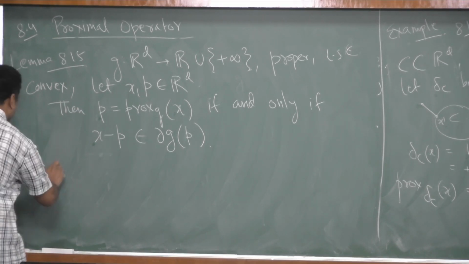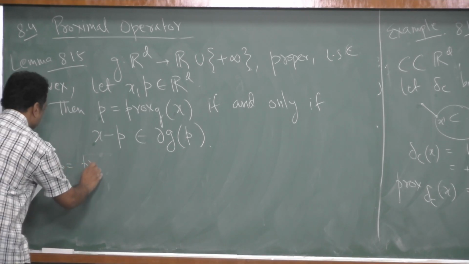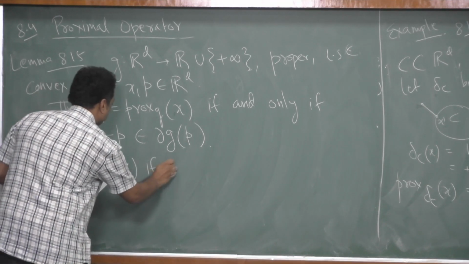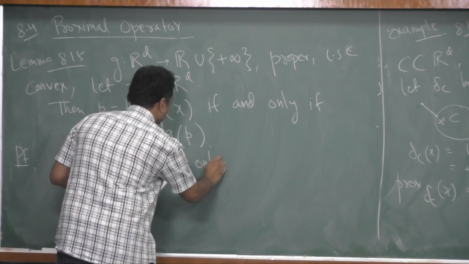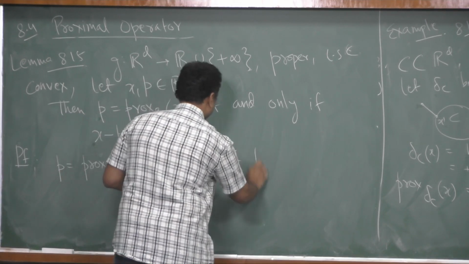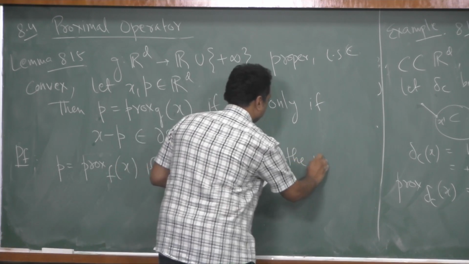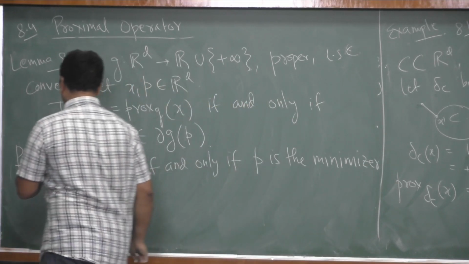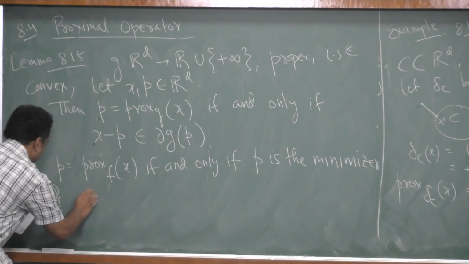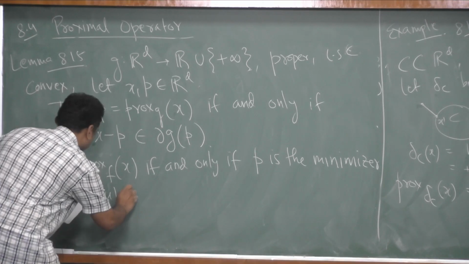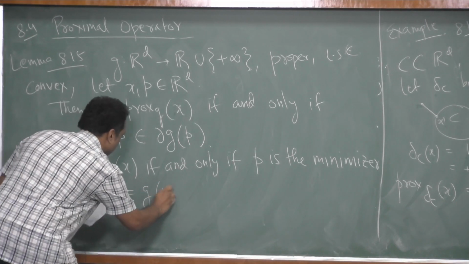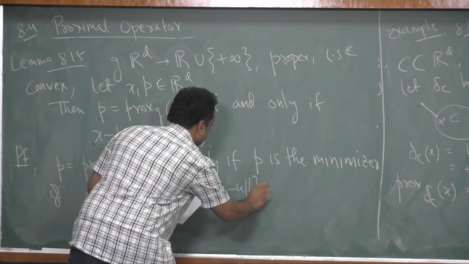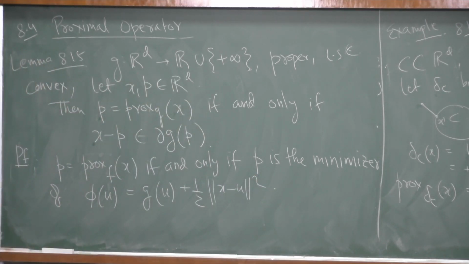So p is equal to prox of g at x if and only if p is the minimizer of phi(u) = g(u) plus half of norm of x minus u squared. Okay, so that's clear from the definition.